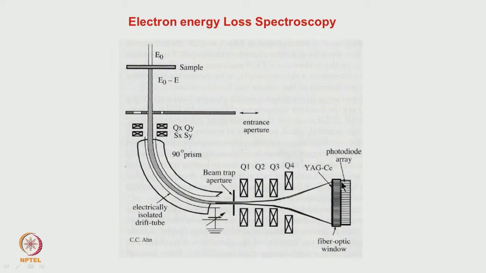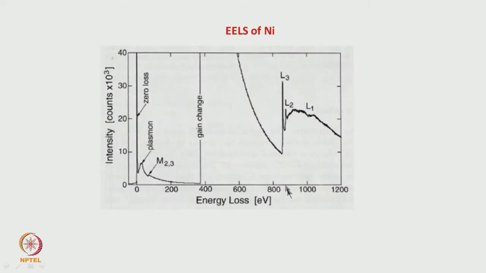Depending upon where they come, we can immediately find out the energy of these electrons. This way we can do an energy analysis and find the intensity, which corresponds to a concentration, and the position at which they occur tells which elements they are coming from. That is the sort of peaks which we get, and we can use this to get information.